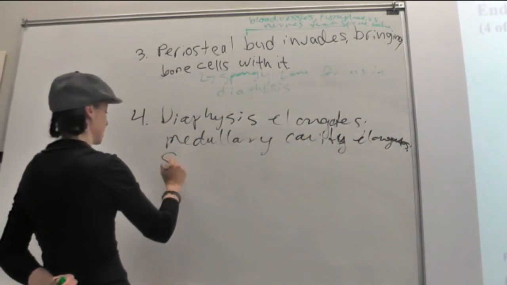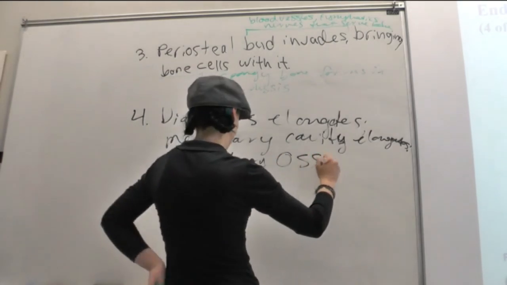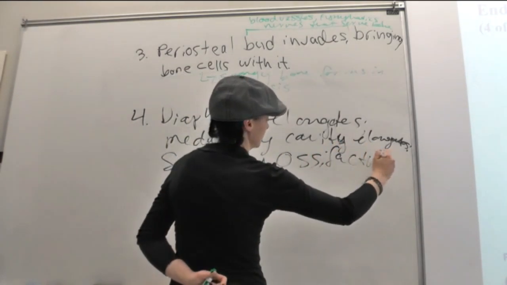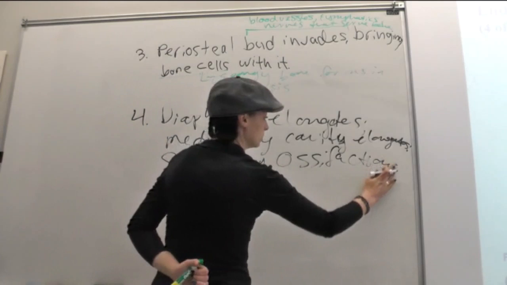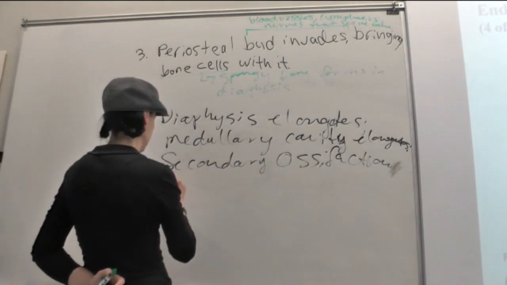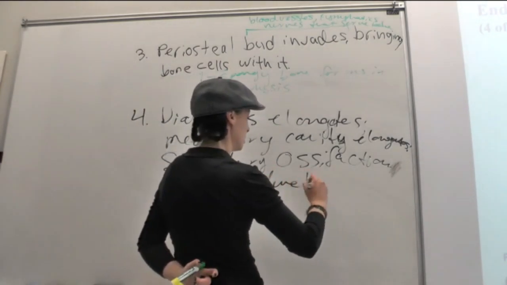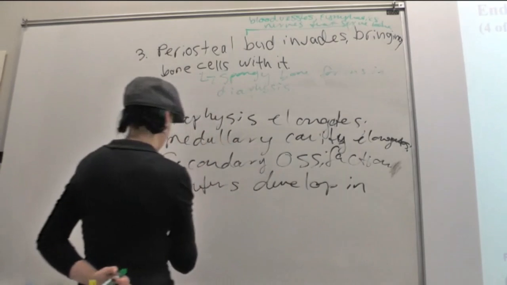And we see secondary ossification centers develop in our epiphyses. So, how many secondary ossification centers do I get then? 2, because there's a proximal and a distal epiphysis. So our secondary ossification centers develop in our epiphyses.